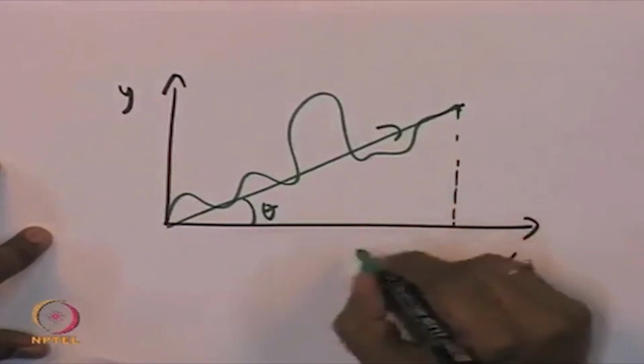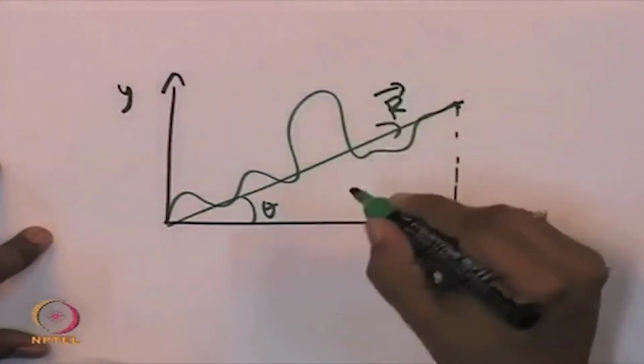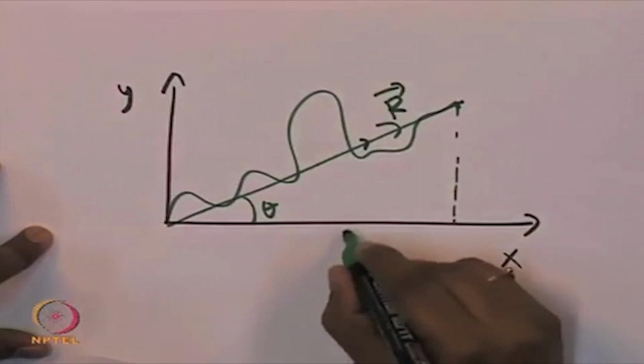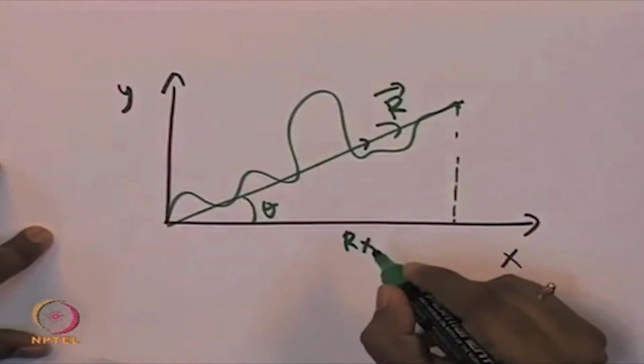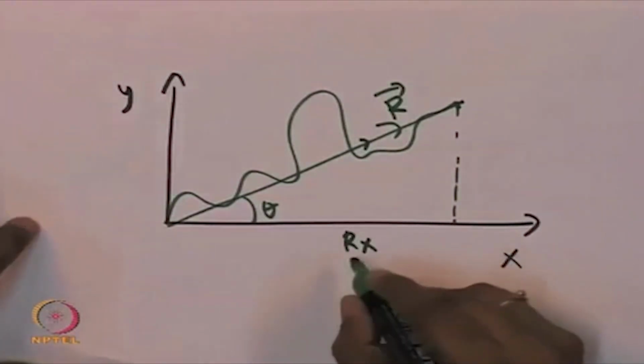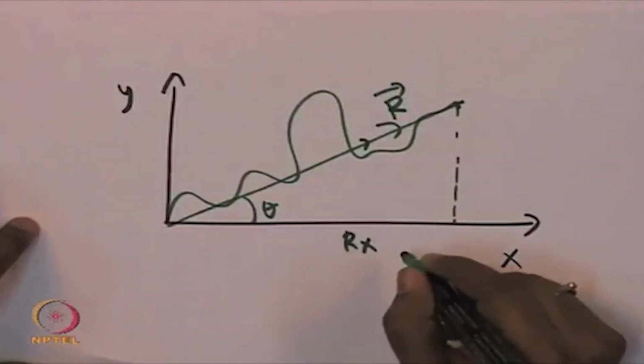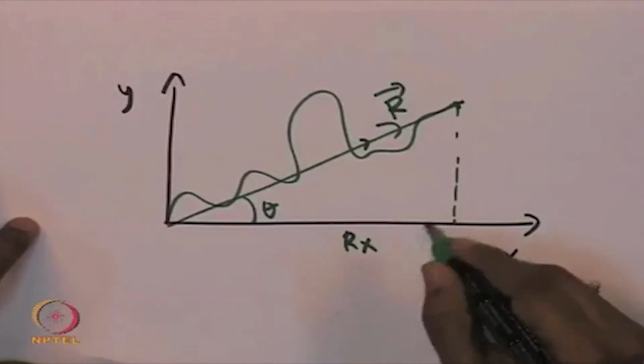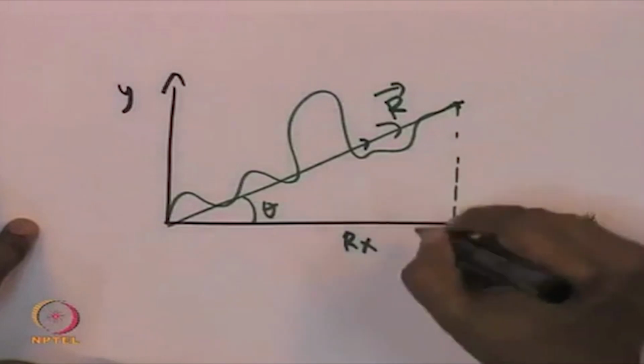This is the r vector and this is r_x, and r_x is basically nothing but r cos theta.